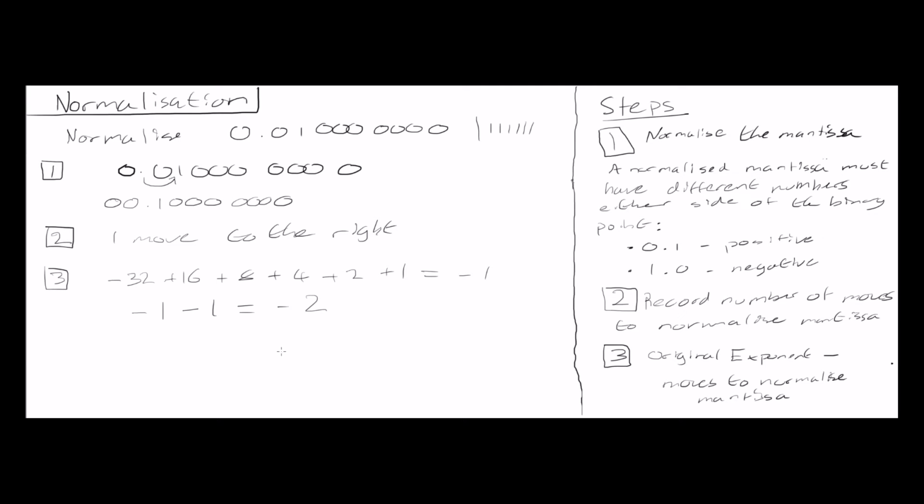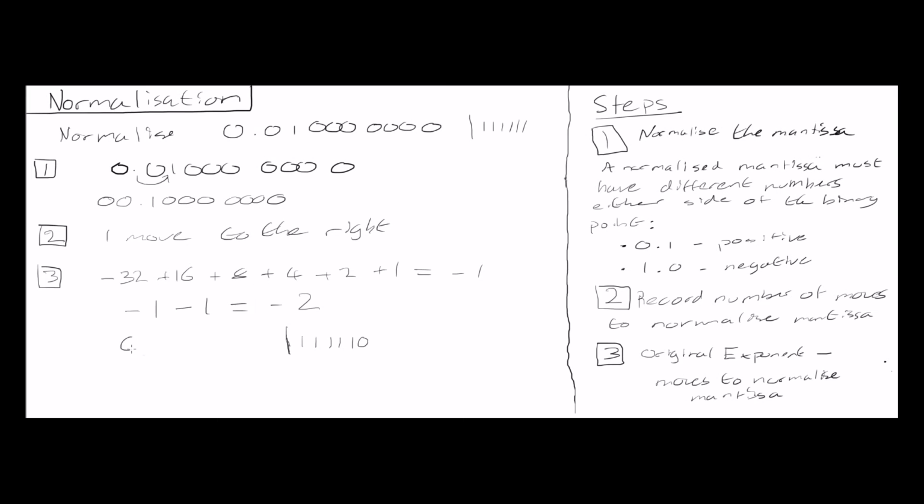And if we write that exponent out in binary, that's the new exponent we're going to have. We can then write out our normalized mantissa over here, and that will be our final answer, making sure to preserve the same number of bits in the number.